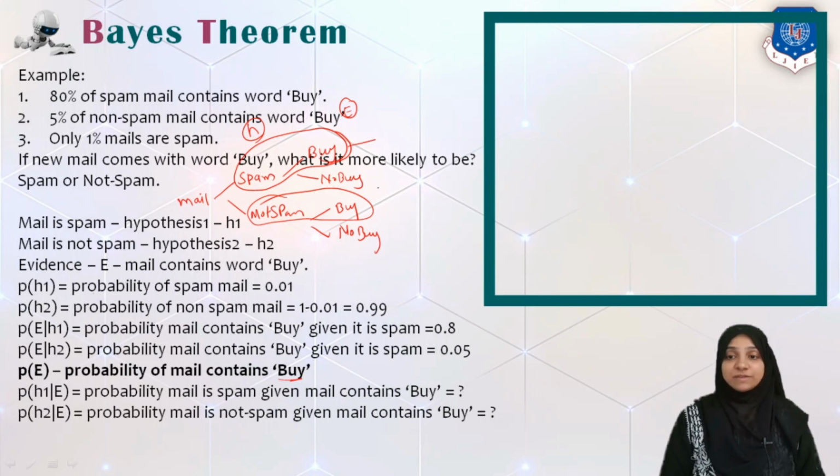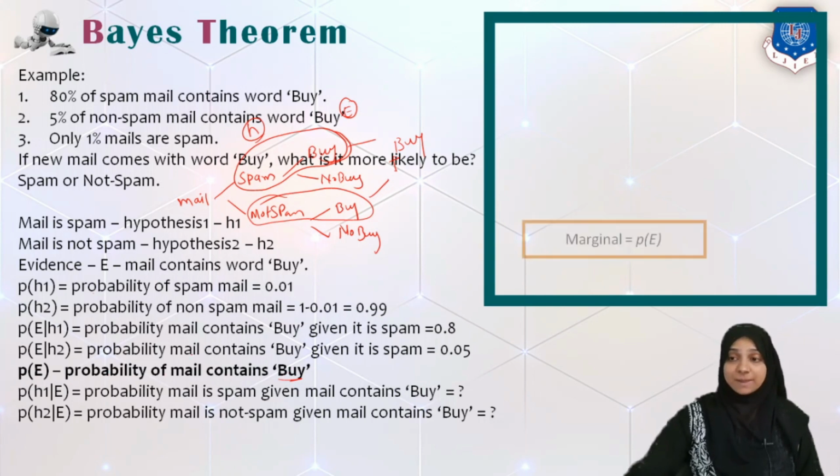The summation of this value plus this value is the total of mails which contain the word "buy". So the probability of event E, mails with the word "buy", is P of E, the marginal value. So let us calculate this P of E.